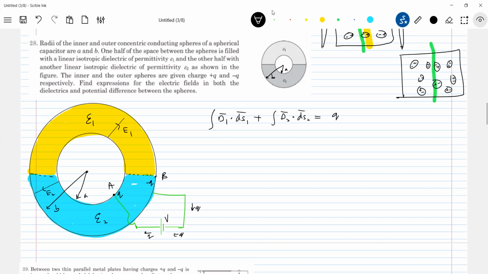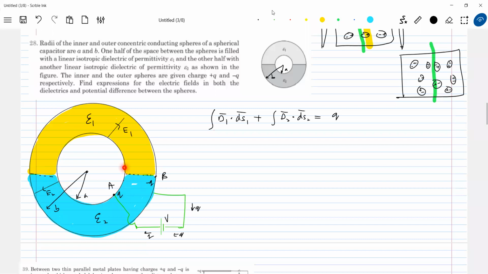All the charge supplied by the battery should split up here. A part of charge will go like this, and the remaining part will come here. Plus Q will not reside only here; it will get distributed on the surface of shell A.